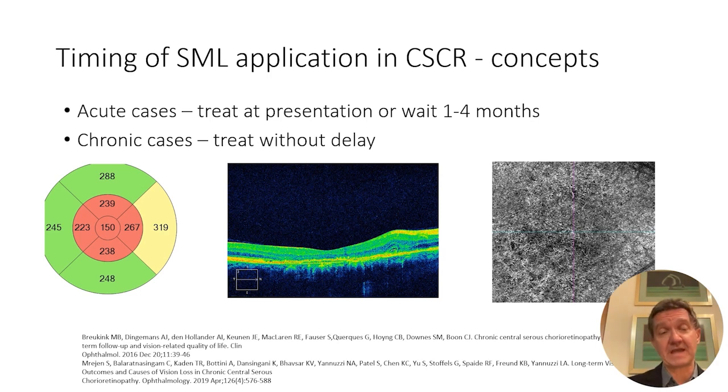Timing of application of subthreshold micropulse laser in CSCR is a crucial issue. I believe that CSCR should be treated without delay in any case, also in acute cases. When we look at the scans that I present here, this is a case with total complete resolution of SRF.